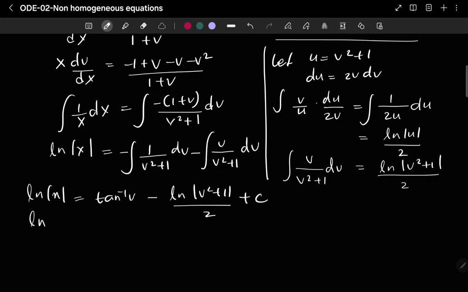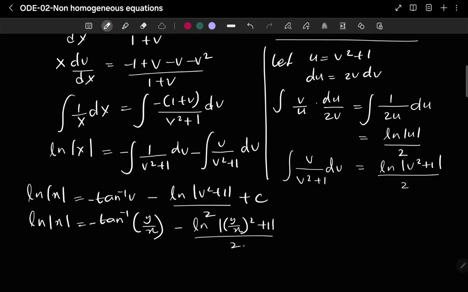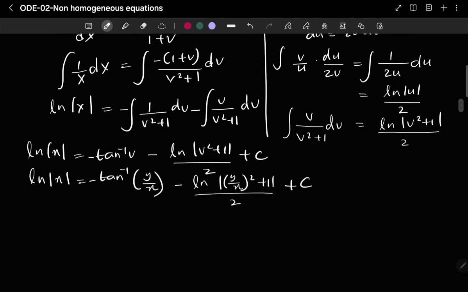So we can substitute for v, Y over X. So here we get tan inverse Y over X, with a minus sign here, and minus ln ((Y over X) squared plus 1) over 2 plus c. So this is the equation.